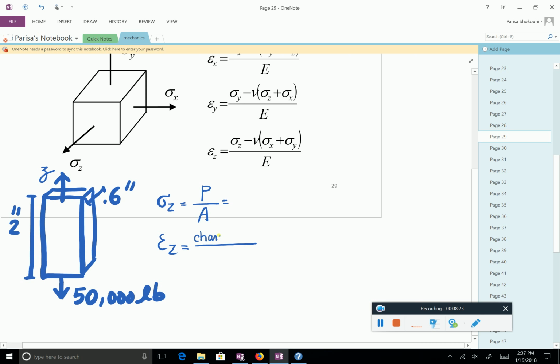Change in length, in this case in the z direction, over the original length. That's the definition. Read the problem and calculate stress and strain. Stress in the z direction and strain in the z direction.